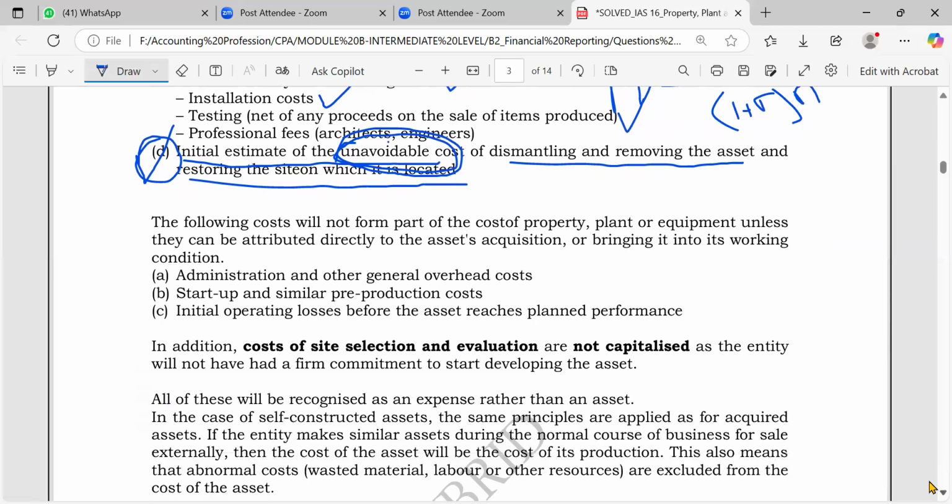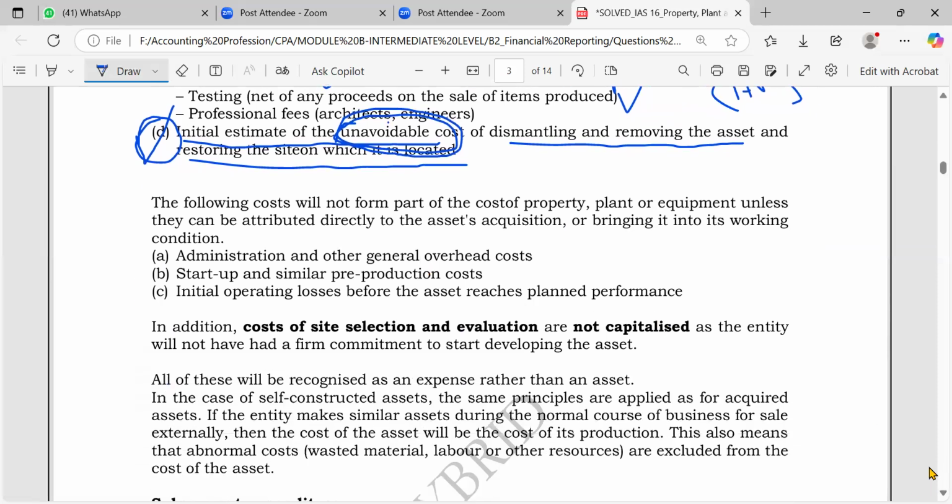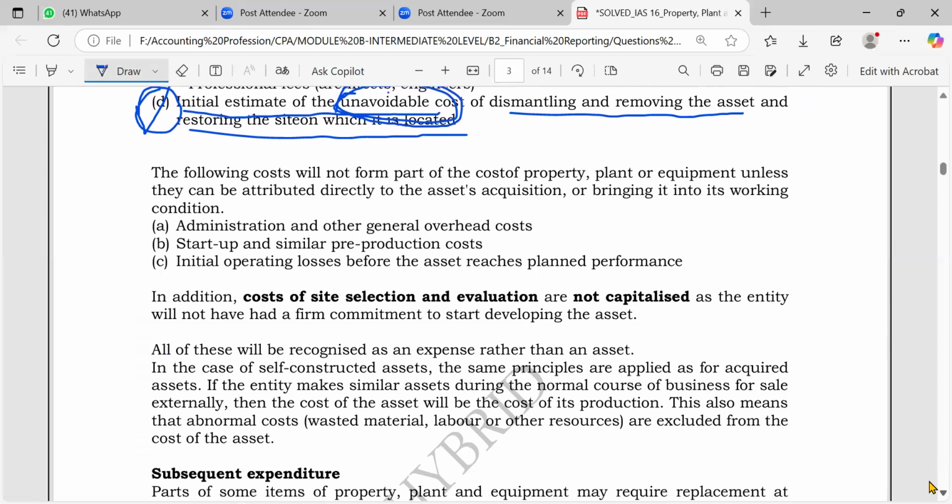Very normal. But actually, there are some more explanations here which will give us a good picture. We are told here the following costs will not form part of the cost of PPE unless they can be attributed directly.